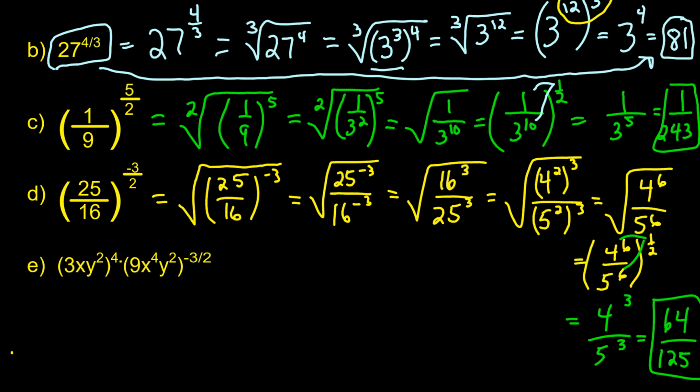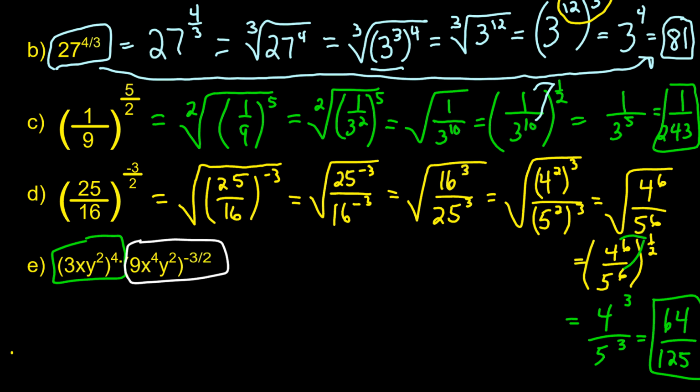All right. So our last example here, it's going to get a little bit messy. And so we're going to do this in 2 parts here. We're going to do that part, and then we're going to do the other part separate from that, and then we'll combine things at the end.